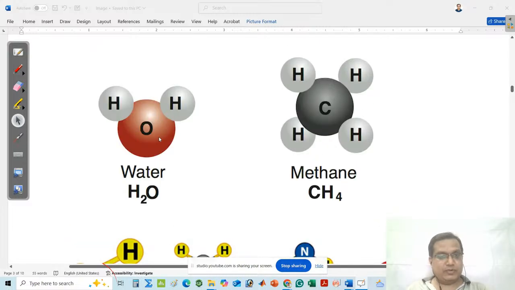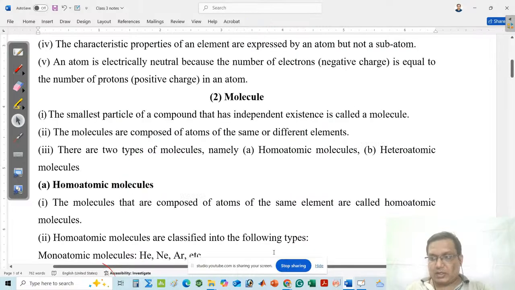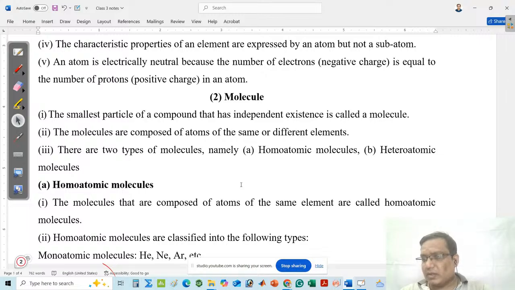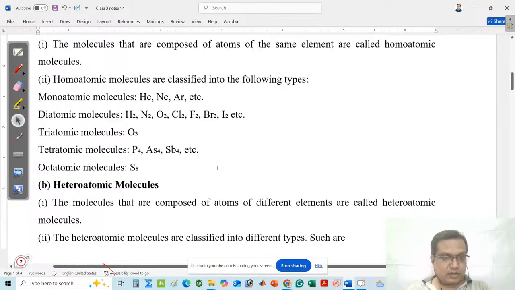The number of atoms is three, so it is said to be a triatomic molecule. Similarly, you can think about diatomic, tetratomic molecules. You can think about pentatomic molecules, hexatomic molecules.